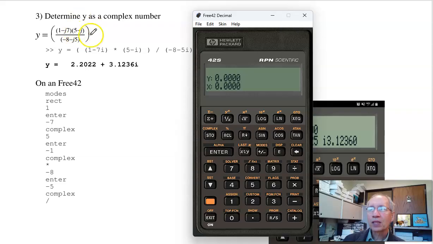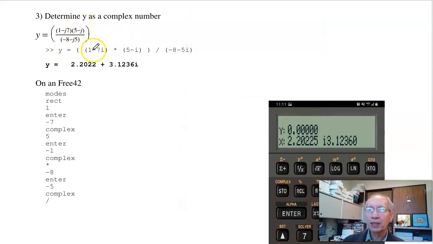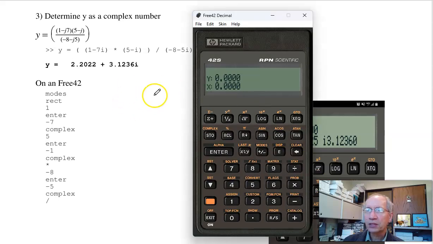Next one, do this calculation. In Matlab, it will be almost the way you type it, 1 minus j7 times 5 minus j divided by -8 minus 5j, get a complex number. Now, this is a good test for your calculator. If your calculator can't do this, you need a new calculator. By the time you get to Circuits 1, you'll be doing problems like this.